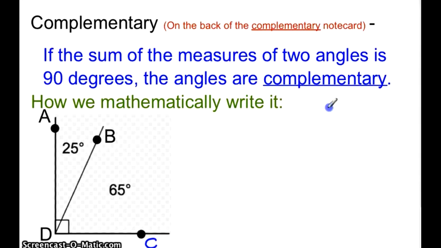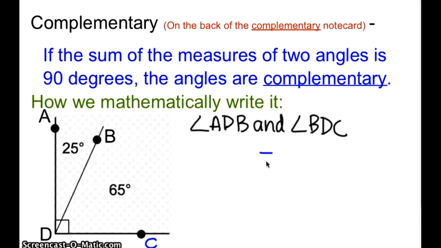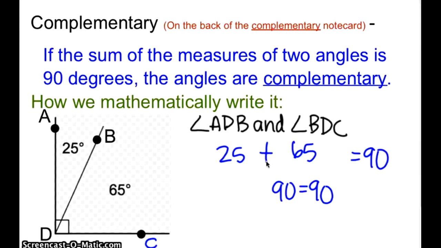So the pair of complementary angles is ADB and BDC. These two angles are going to add to equal 90. So let's check. If I have angle ADB equaling 25 and angle BDC equaling 65, is 65 plus 25 equal to 90? And it is. So that's how I know that they're complementary.